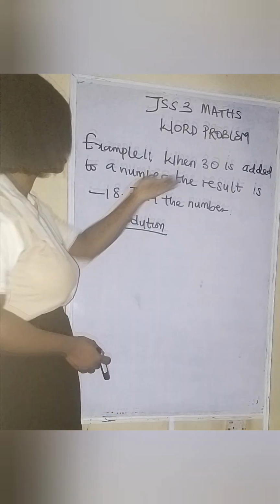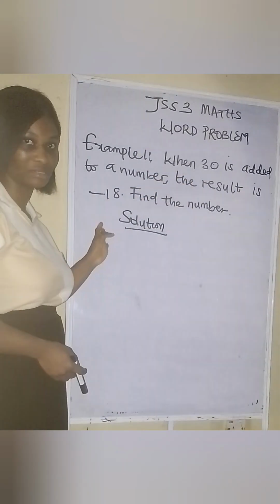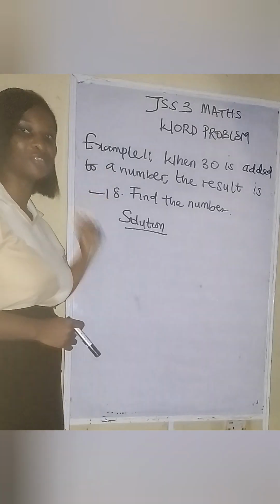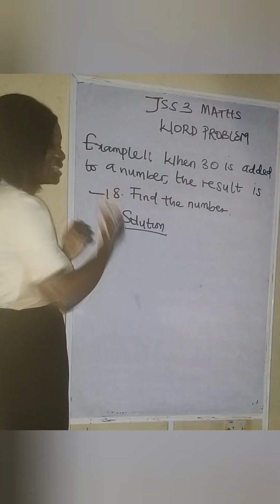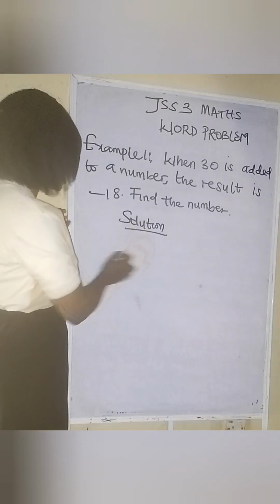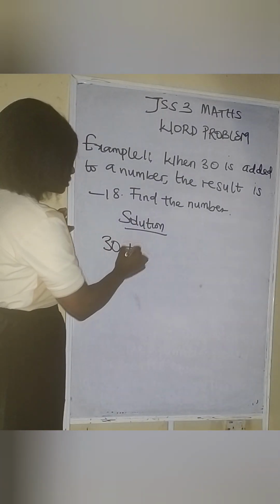But they said the result is minus 18. So now let's interpret this question in words. They said when 30 is added, added means addition, to a certain number.